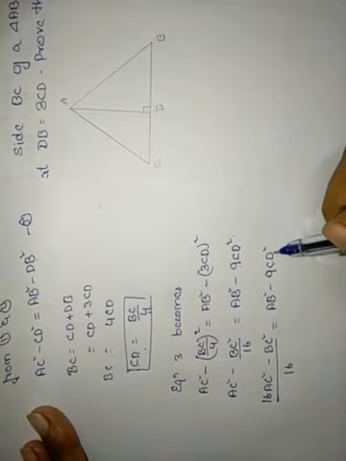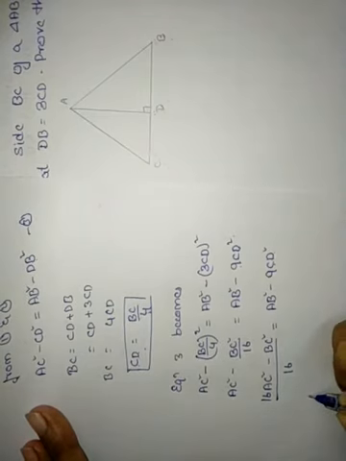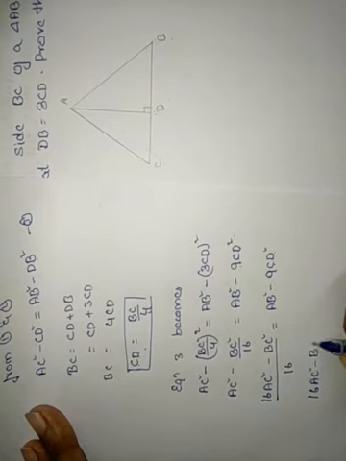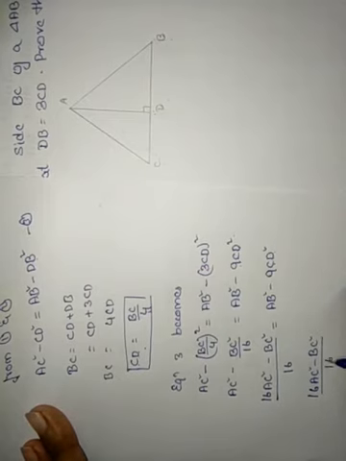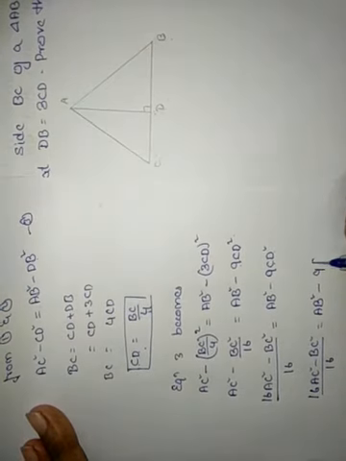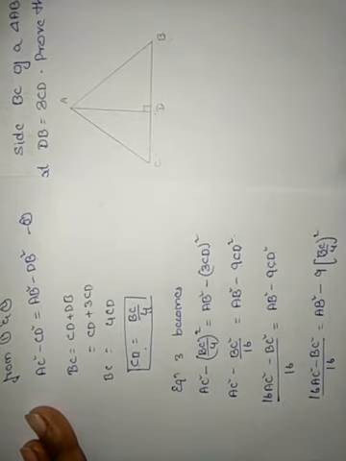And again, instead of CD we are going to substitute this value here, right? So we'll get 16 times AC square minus BC square divided by 16 is equal to AB square minus CD, which is BC divided by 4 and whole square, right?